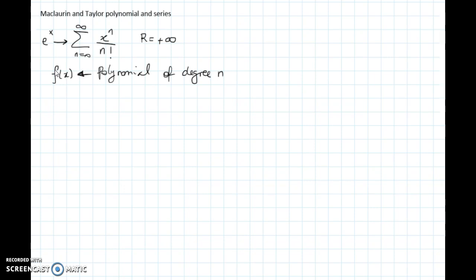And that's what we are going to call the Maclaurin or the Taylor polynomial associated to this function. Then later on, we are going to let n be infinite. So we're going to be looking at, quote, infinite polynomials. And that's going to be the Maclaurin or Taylor series associated to the function. So how do we do this?